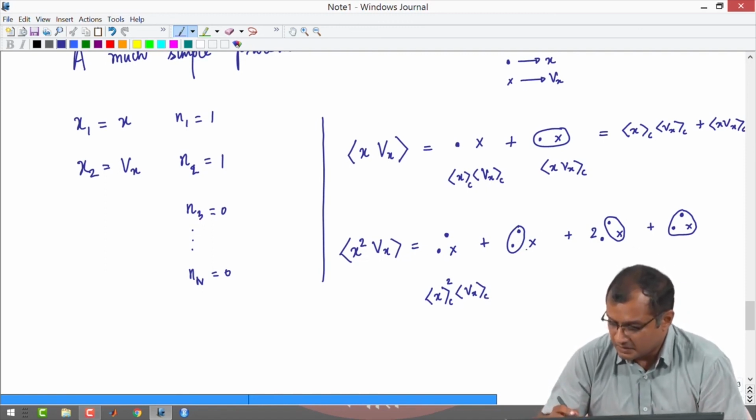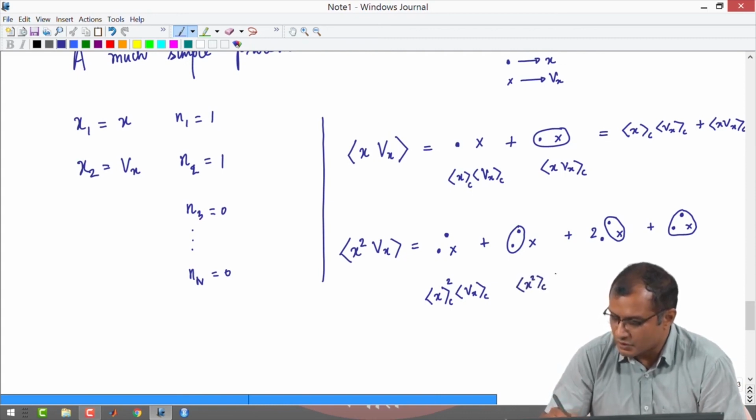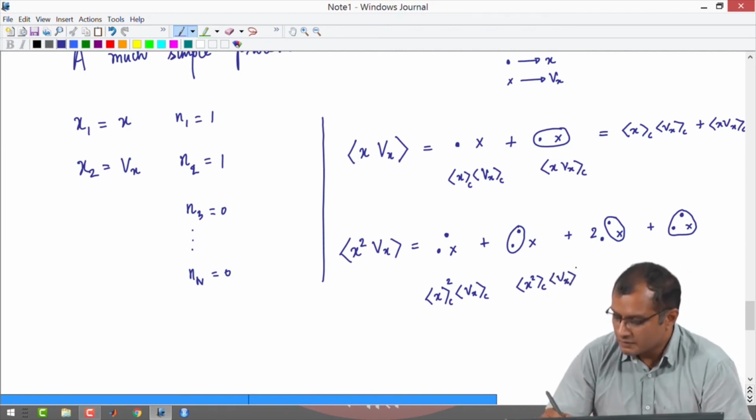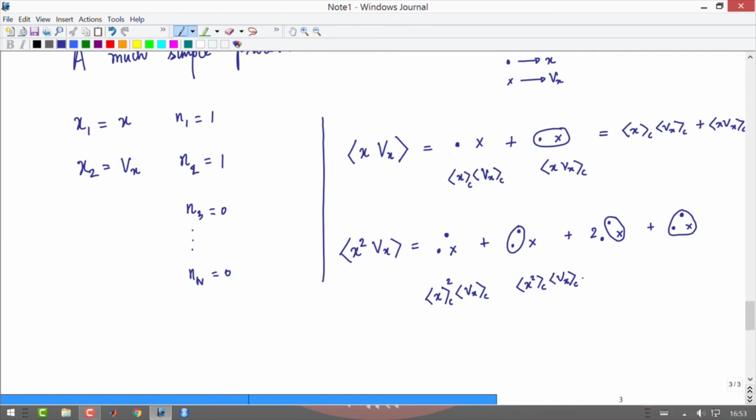Then we have connected dots, so we will take the second cumulant of x into the moment of velocity, but the moment is also a cumulant.